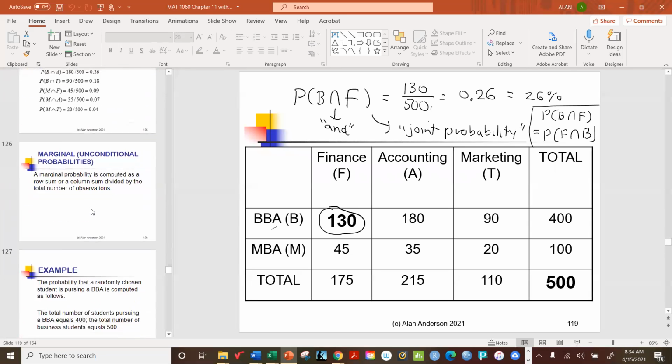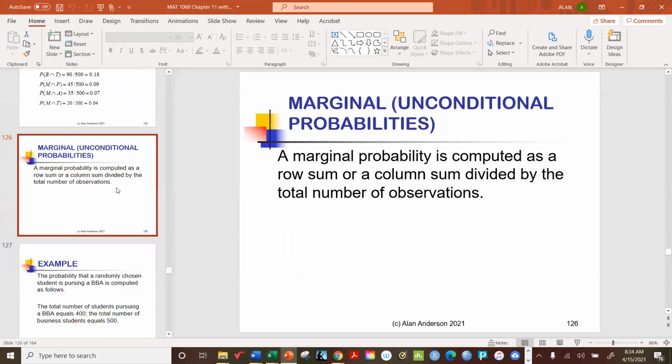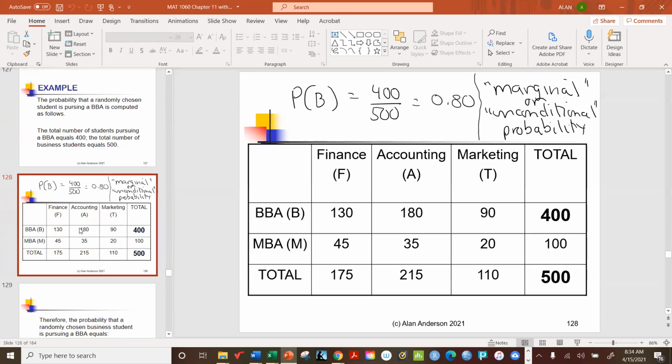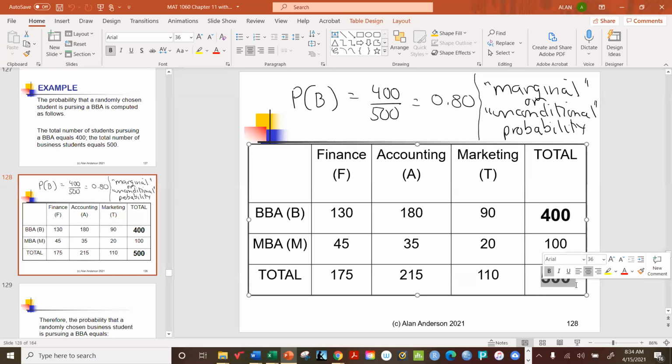And then we were introduced to marginal or unconditional probabilities, where what we're essentially looking for here are row or column totals divided by the overall total. So, for example, I just want to know the probability that a student is getting their bachelor's degree regardless of their major. So we're adding them all up to come up with 400 out of a total of 500, and we get a probability of 0.8.